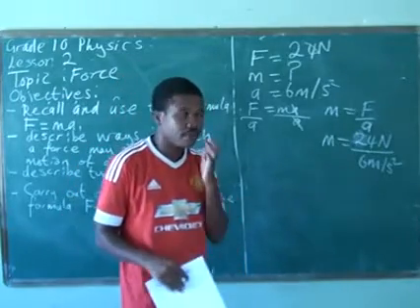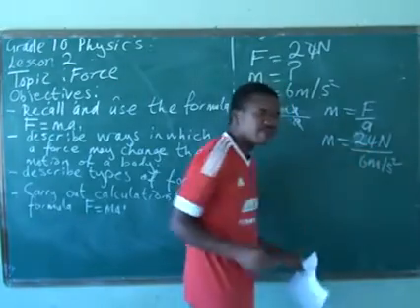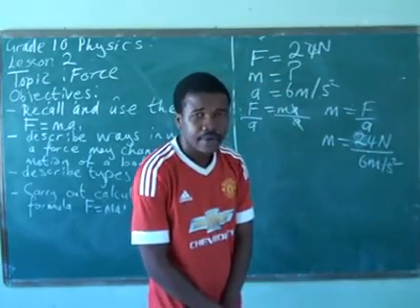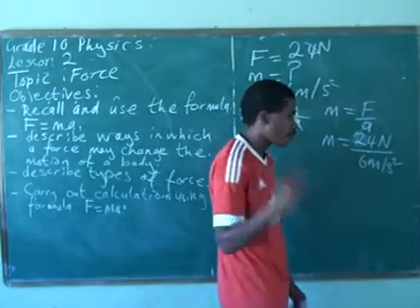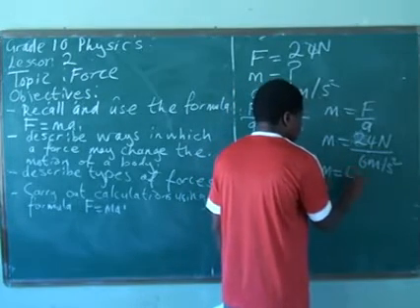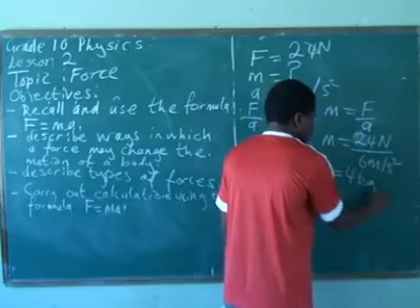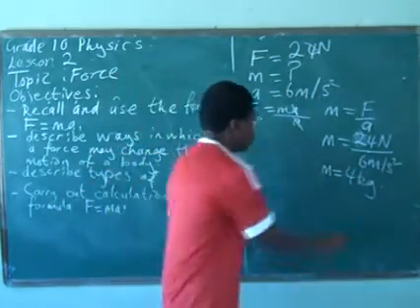You know the SI unit for mass. So when you divide 24 by 6, a bit of mental math there, 24 divided by 6 is equal to 4. So the mass of this object is 4 kgs. That will be your mass.